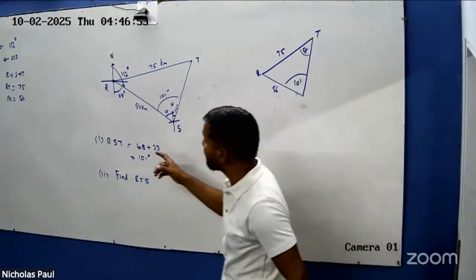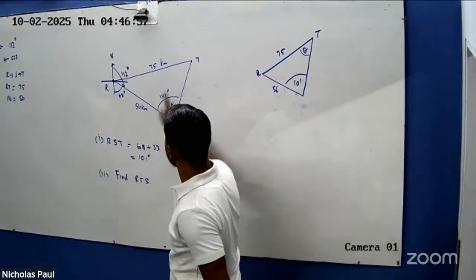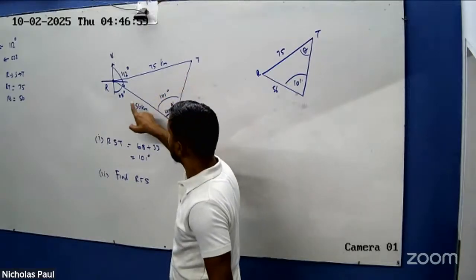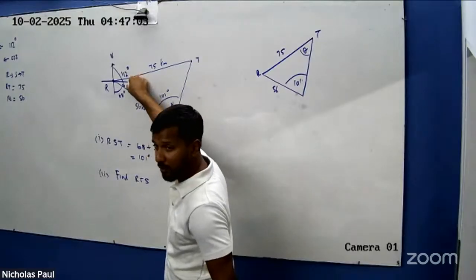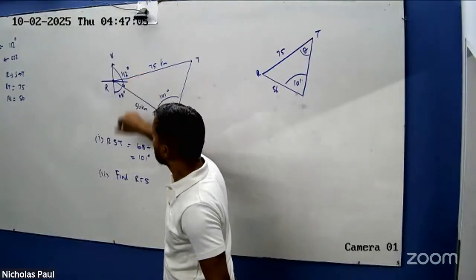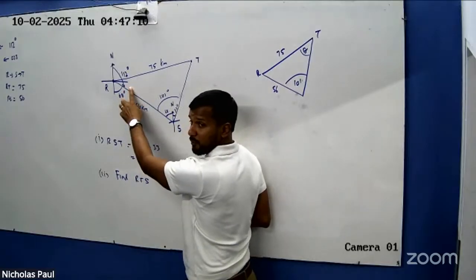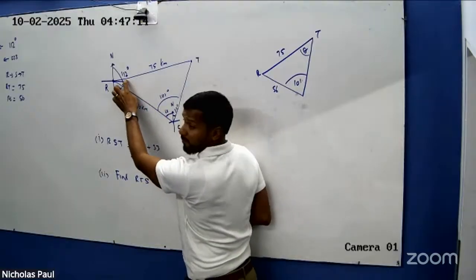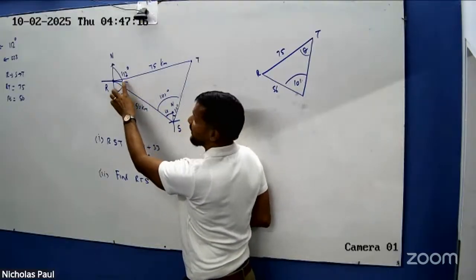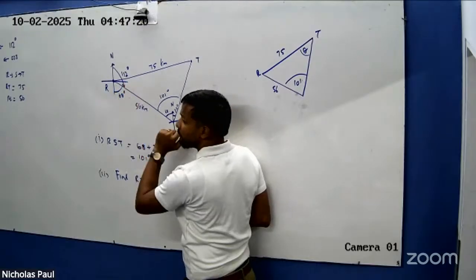Here might be 20. Say it again. This whole angle is 22. How you get that? Because you have an extra piece here. Right? You have an extra piece. Here to here is 22. So we can't use that.